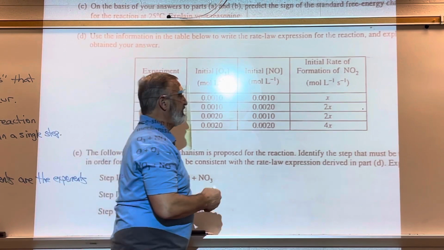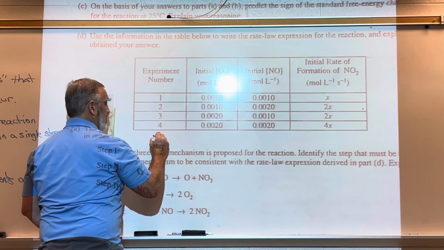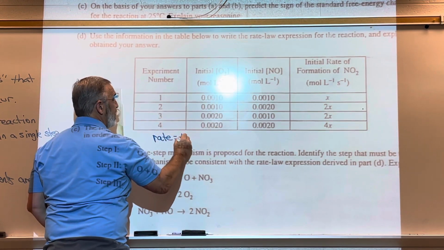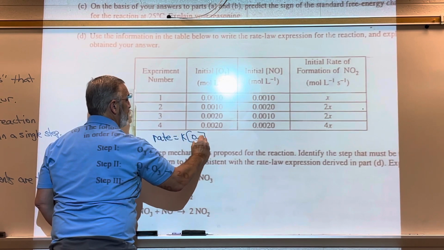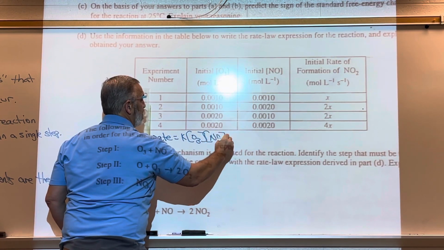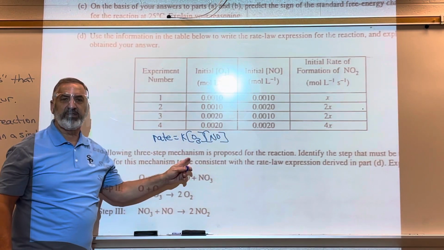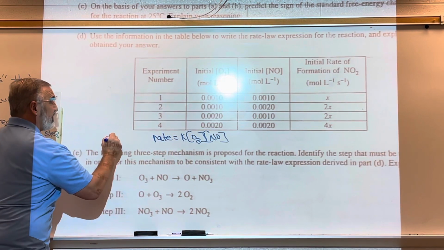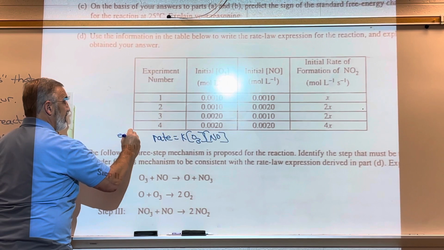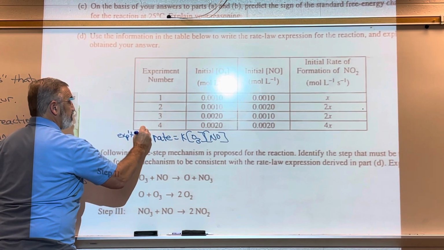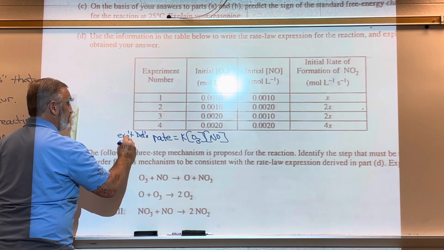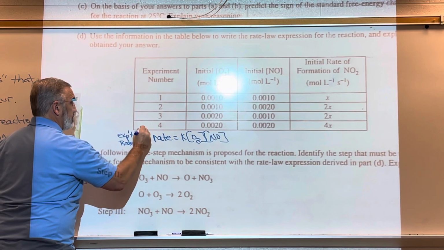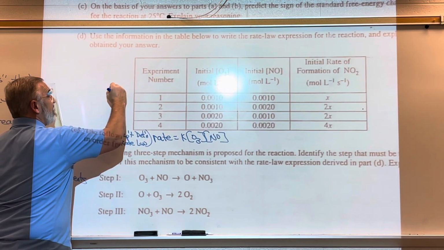And we determined that the rate is equal to K times O3 times NO. Do you remember what the name of O3 was? Ozone, okay, good. This is my experimentally determined rate law. This is my experimental data here.